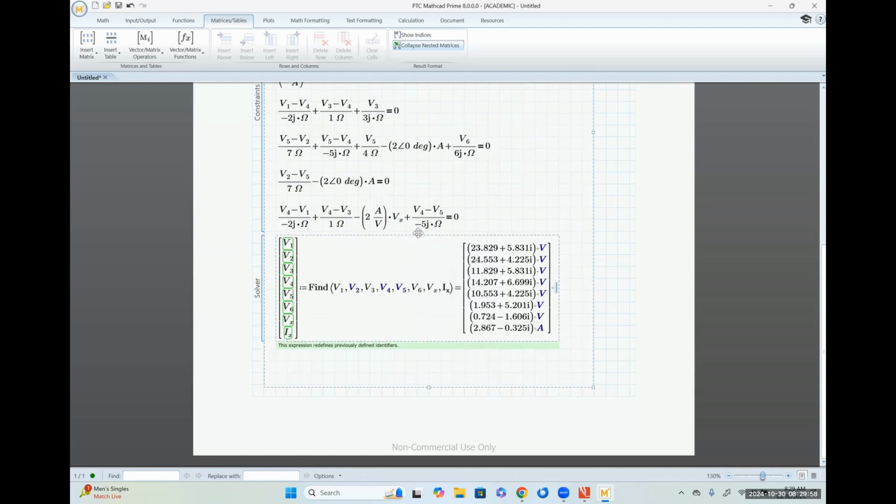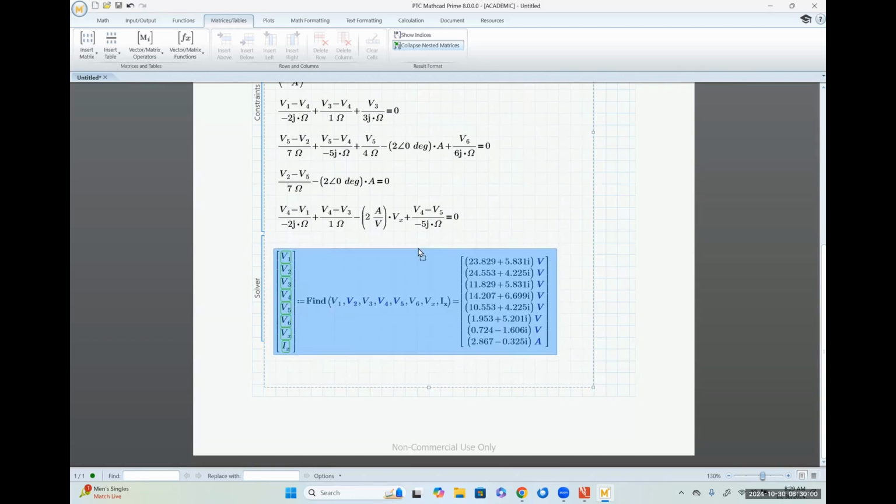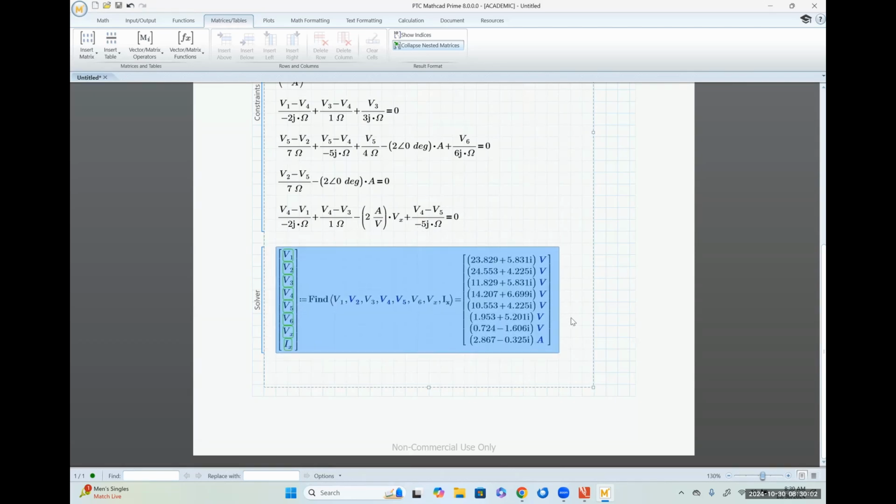All right, so let's look at this just really quickly. By default, MathCAD is going to give us our answers in rectangular form using I as the imaginary operator. I don't particularly like this, so I just want to show you guys here.